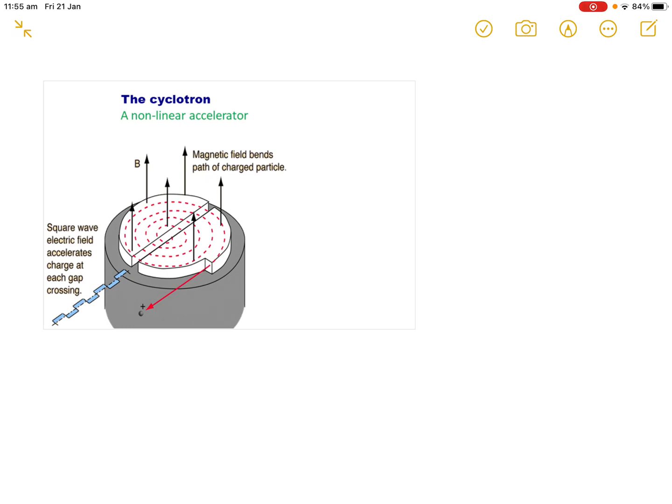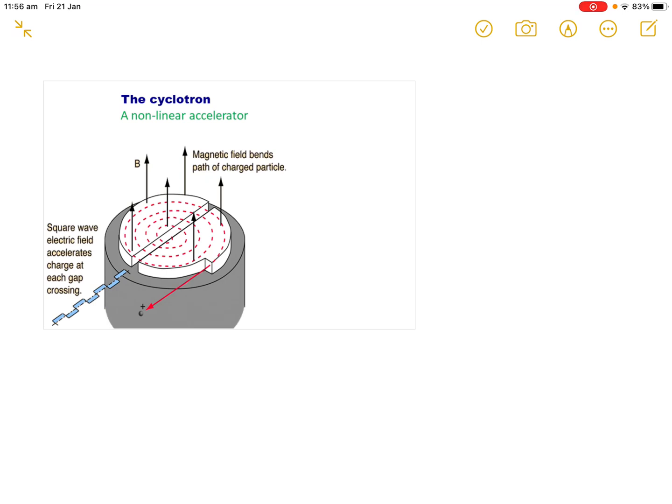So when that proton comes from the left-hand D across to the right-hand D, it's accelerated through the electric field that's between the Ds, the gap. It's faster in the right-hand D, therefore it has a bigger radius of curvature.